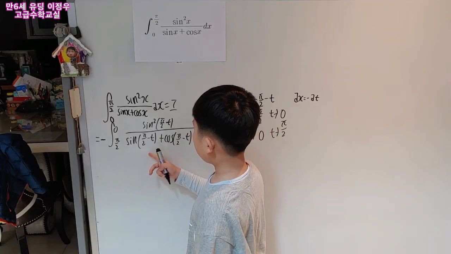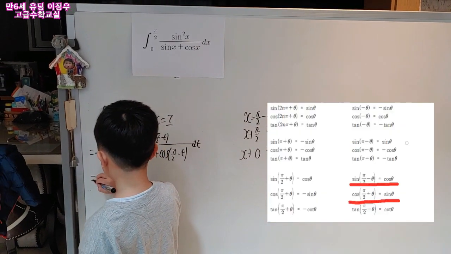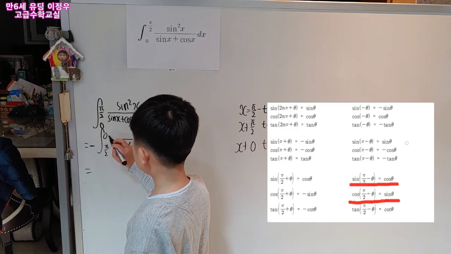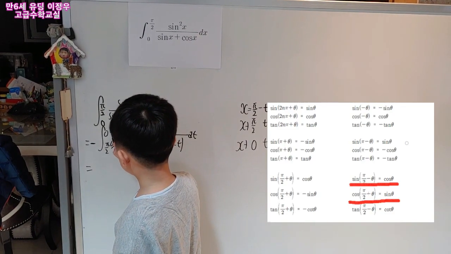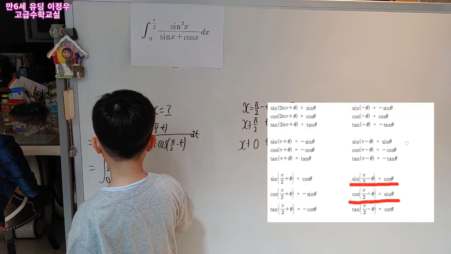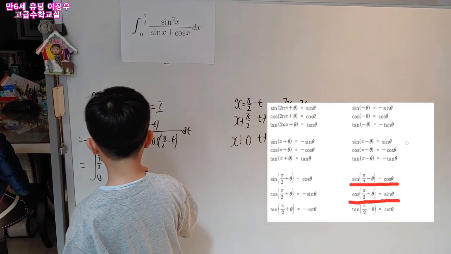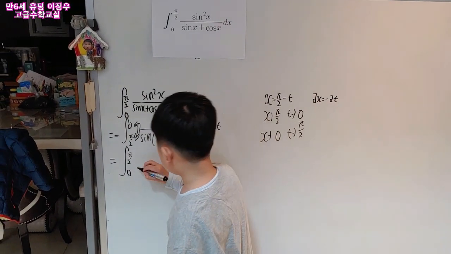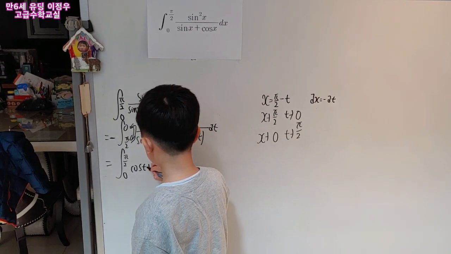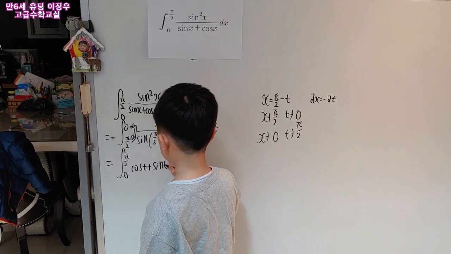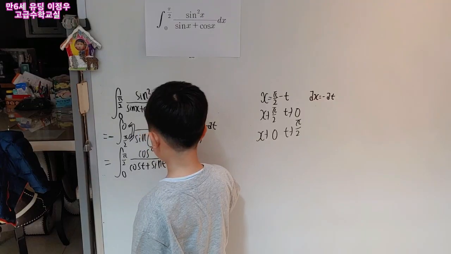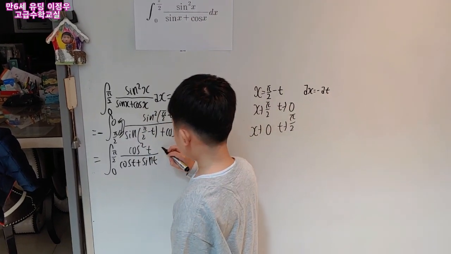When the limits are pi over 2 to 0, the negative makes them exchange. So 0 to pi over 2, this is going to cosine t plus sine t, over sine and cosine square t, dt.